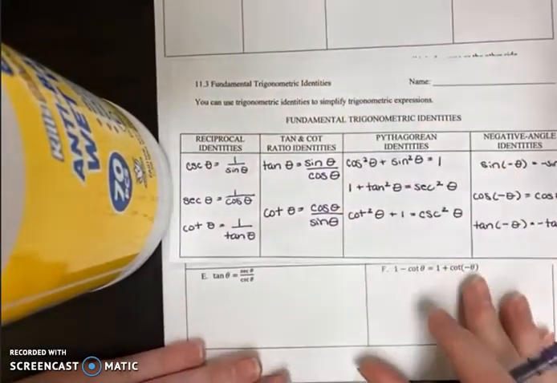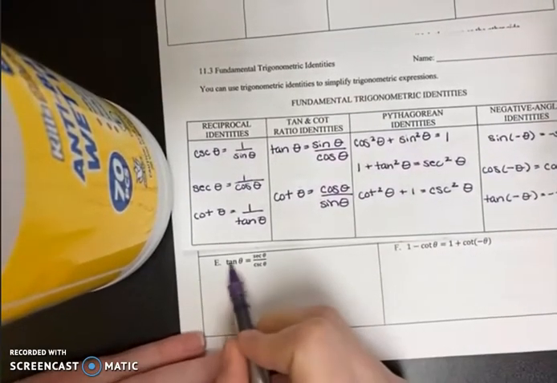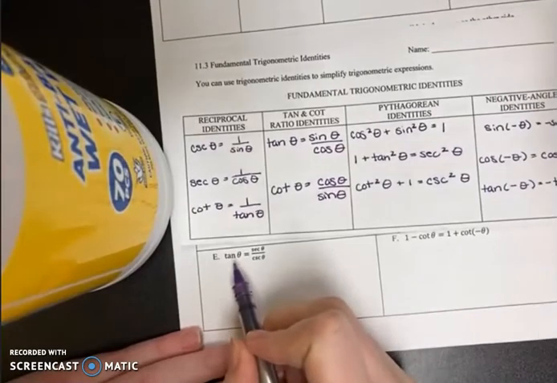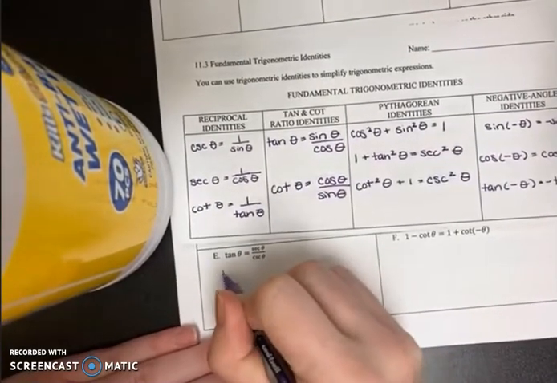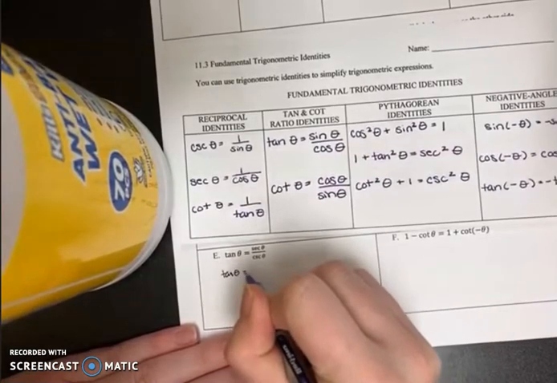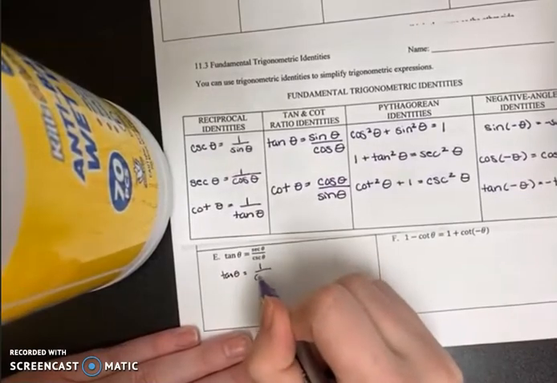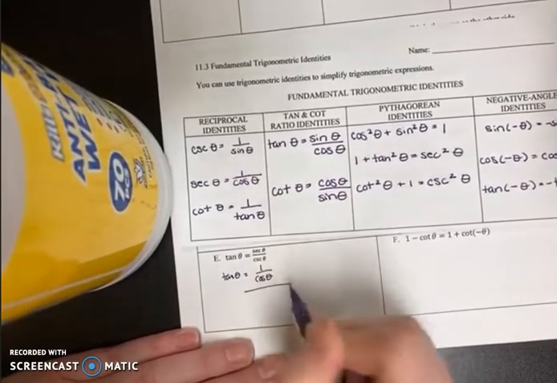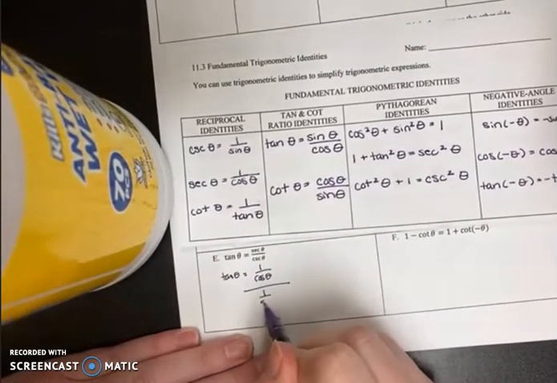Okay, E. Tangent theta equals secant theta over cosecant theta. Since this is already a single trig function, I'm just going to try to match this side to this side. So I'm just going to leave tangent theta for now. And then secant, I know, is 1 over cosine theta divided by cosecant, which I know is 1 over sine of theta.